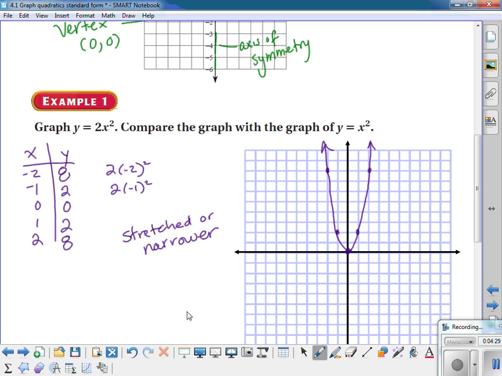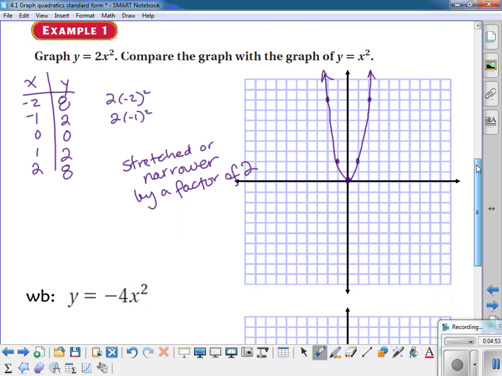By a factor of 2, yeah. Okay, so you probably wouldn't have talked about that in Algebra 1, but now that we've done some of that already, we know how to do it. Okay, and then otherwise it's the same, right? It was just stretched. Okay.